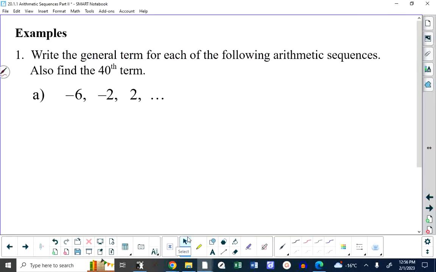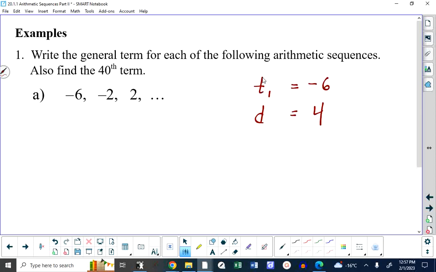Well, we make a list of our parameters. T1 is -6, and the common difference, I'll give you a few seconds to determine what the common difference is. Remember, it's the number that you add to a term to move forward, or it's a term minus the term before it, and no matter how you cut it, I get 4.